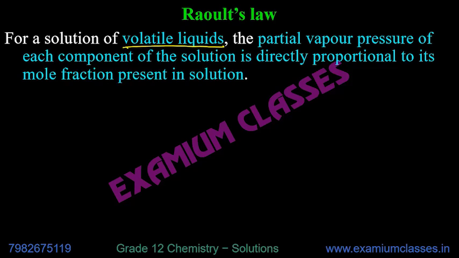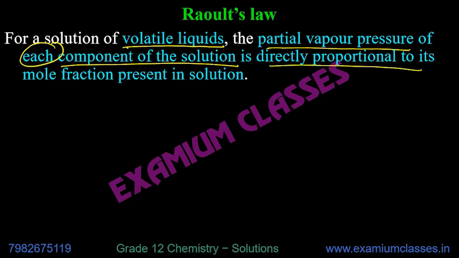So for a solution of volatile liquids, the partial vapor pressure of each component of the solution is directly proportional to its mole fraction present in solution. So basically, Raoult modified Henry's law. Okay, one step ahead.